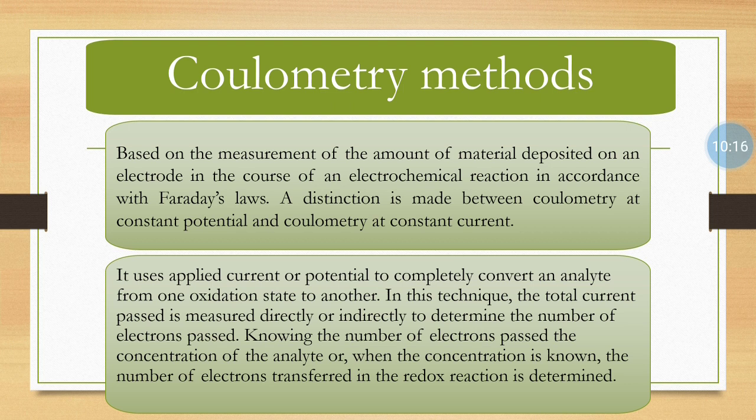It uses applied current or potential to complete conversion of an analyte from one oxidation state to another. In this technique, the total current passed is measured directly or indirectly to determine the number of electrons passed. Knowing the number of electrons passed, the concentration of analyte is determined, or when the concentration is known, the number of electrons transferred in the redox reaction is determined.